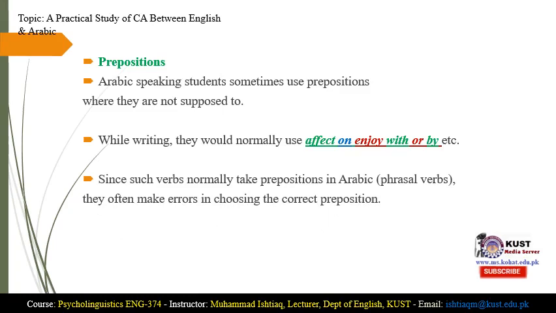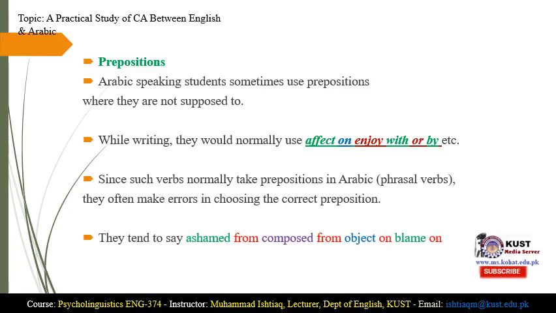They often make errors in choosing the correct prepositions. How? For instance, they tend to say ashamed from, composed from, object on, blame on, where off. For instance, ashamed of, composed of, object to, and blame for should be used respectively.